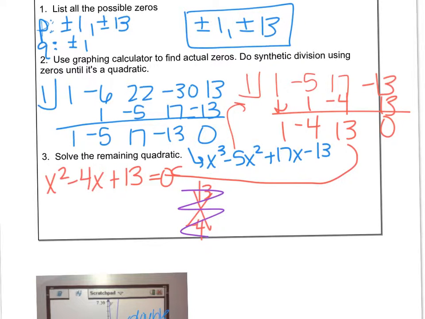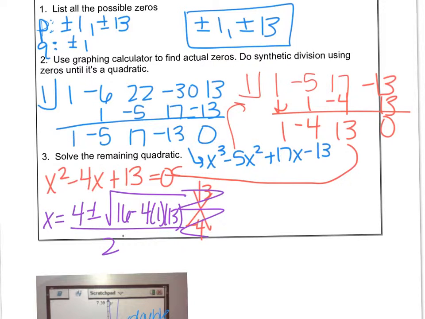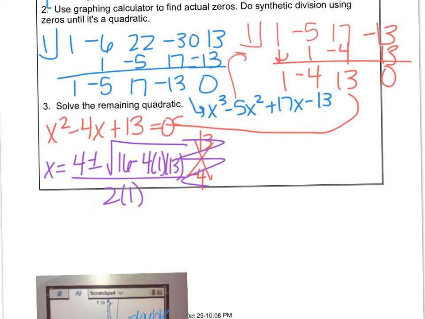Right? X equals negative b plus or minus square root of b squared minus 4ac all over 2a. So then I get 4 plus or minus the square root of 16 minus 52, negative 36, over 2.